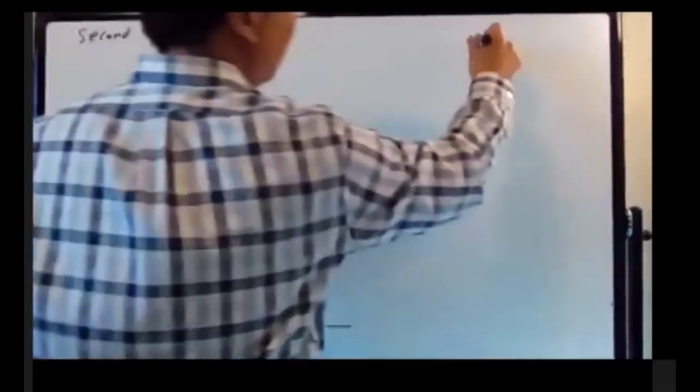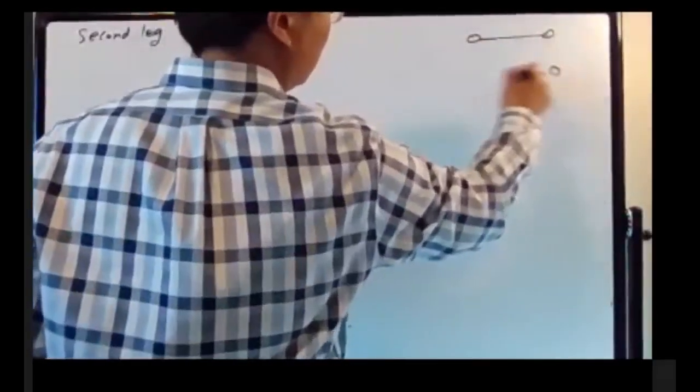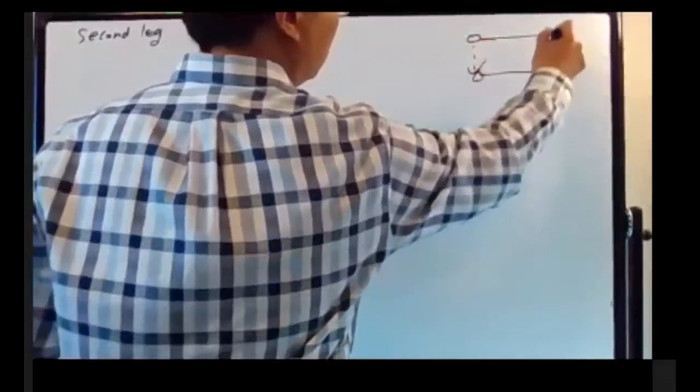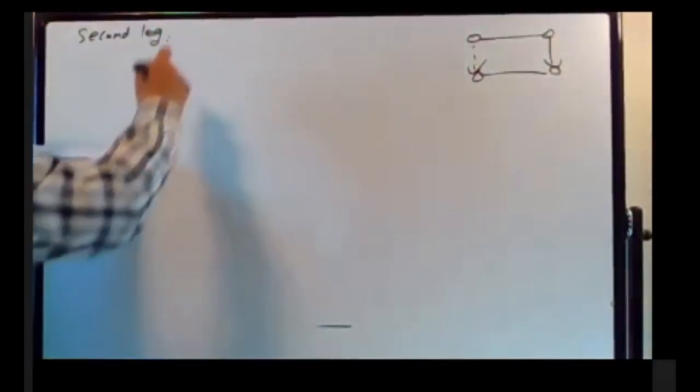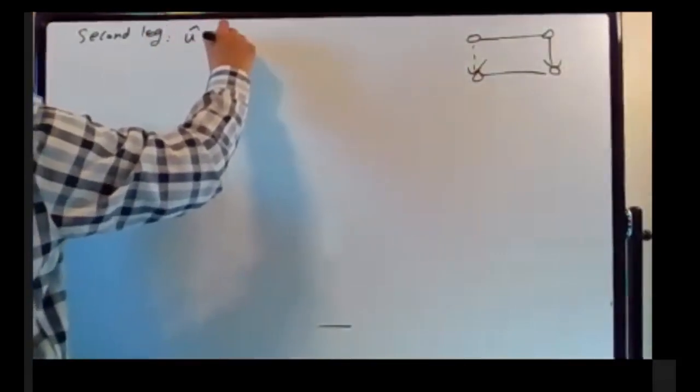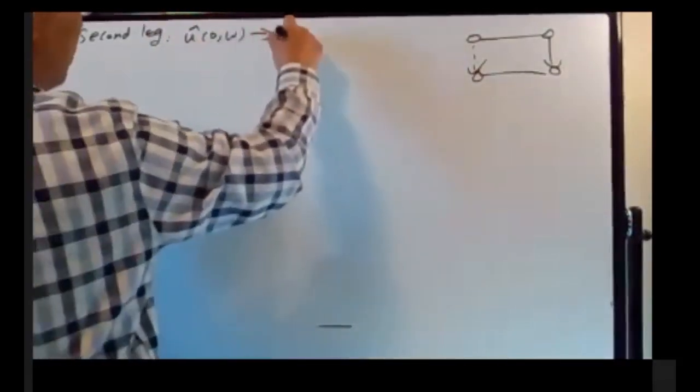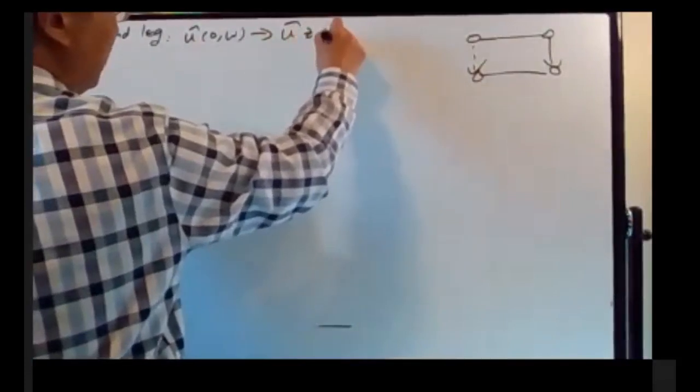With that, we can look at the second leg. I think we have time to at least finish the second leg. So this is the second leg: U hat 0 omega, and we propagate to Z omega.